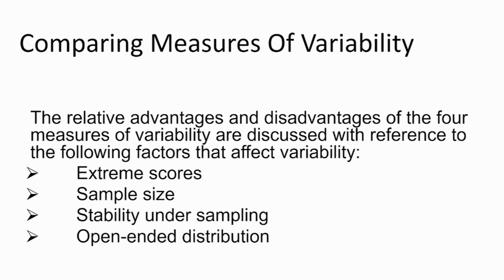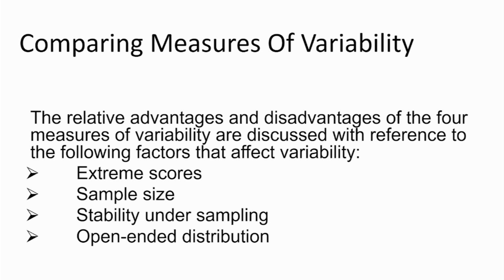If I have a group of 1000 people and I take samples of 10 and 10, comparing the measures of variability. As we talked about in central tendency, there were ways of comparing, like how stable it is with respect to outliers and how stable it is across sampling.